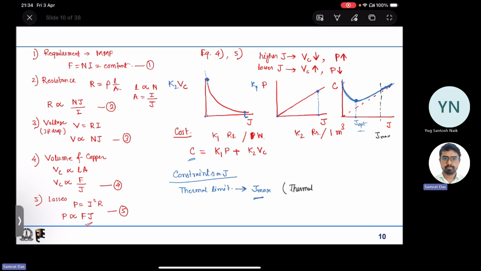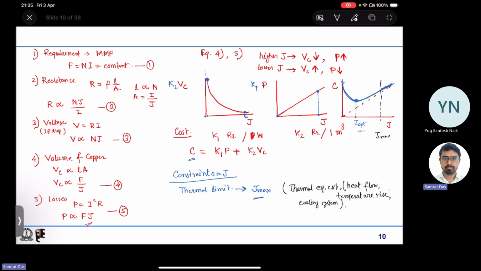So basically the thermal equivalent circuit will tell you what is the heat flow and temperature rise. So this is the thing, and temperature rise will obviously be decided by your cooling system. So the J max up to which you can go actually depends on these factors.